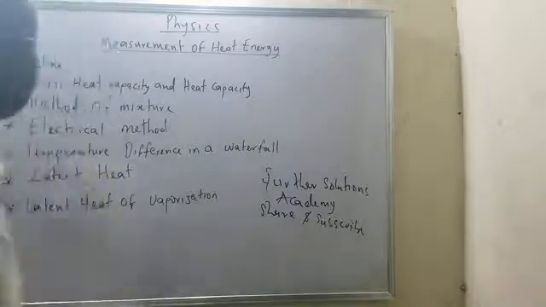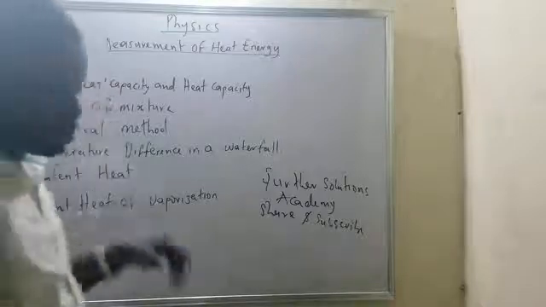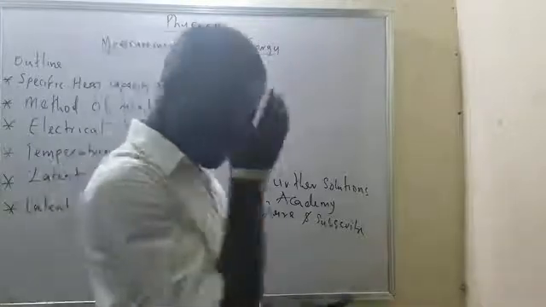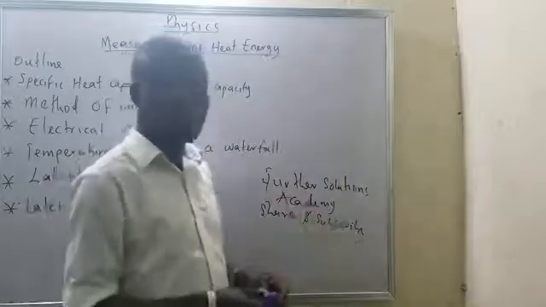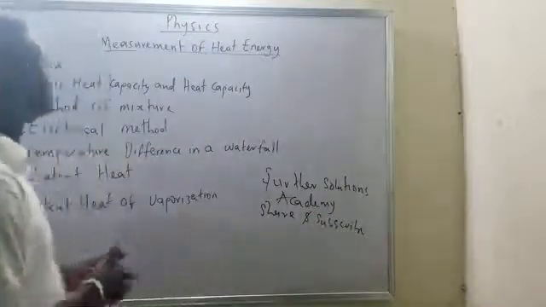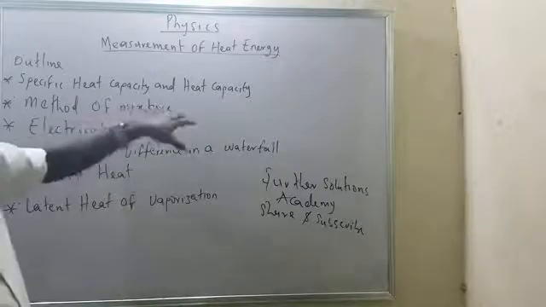Now, those are the outline of this part. Before you watch this series, make sure you understand temperature, conversion of temperature, and the scale and other things, which is already on our platform. Now, measurement of heat energy, the outline are: one, specific heat capacity and heat capacity.